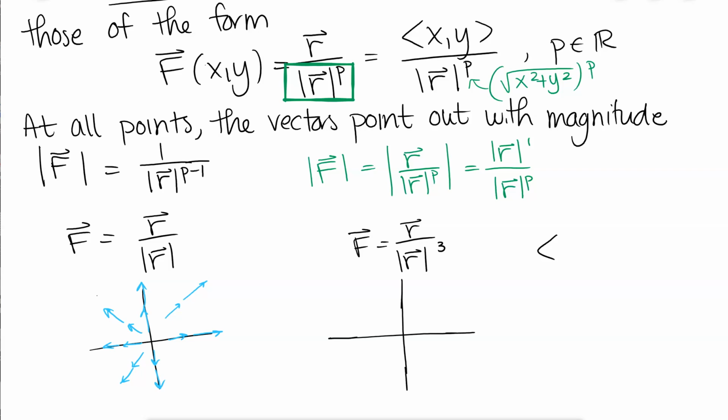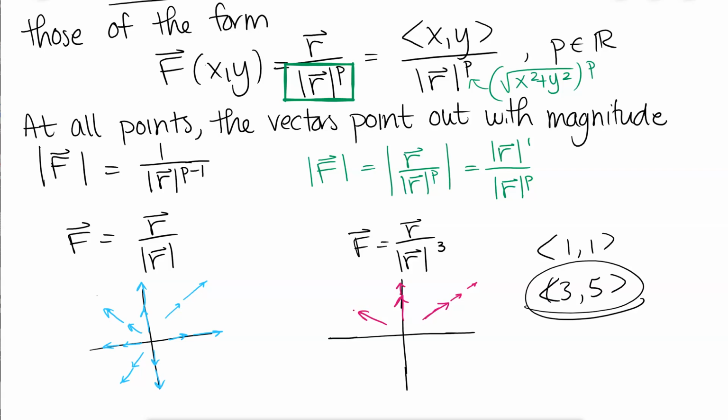The magnitude of the vector 3, 5 is a lot greater than the magnitude of 1, 1. So the lengths actually get smaller the farther you get out, because we're dividing by a bigger number. Those are examples of radial vector fields.